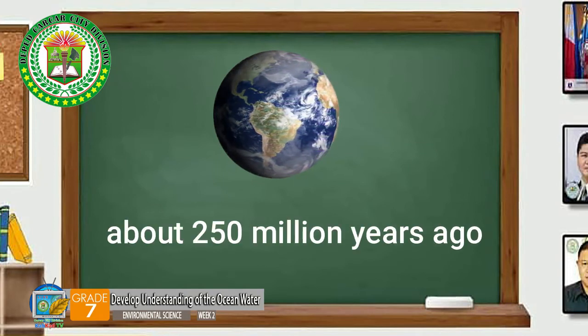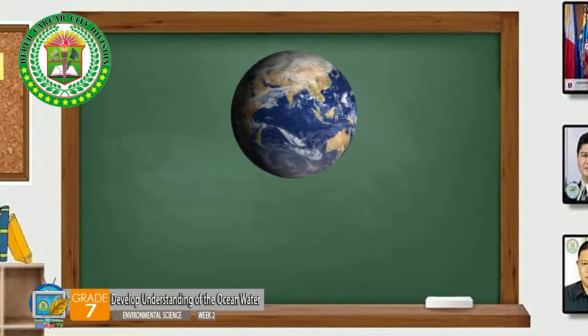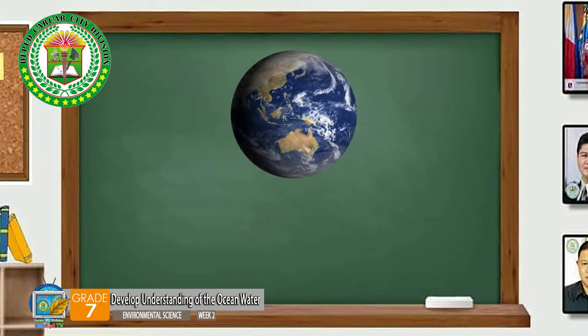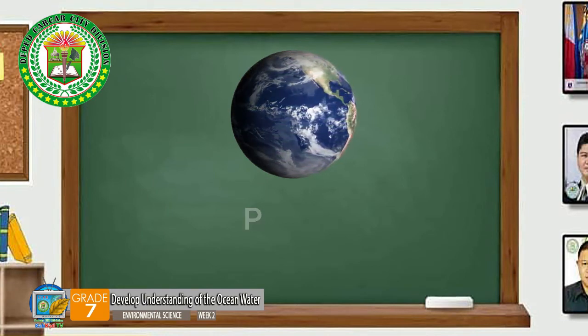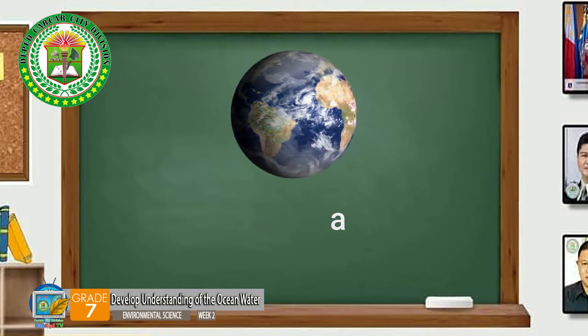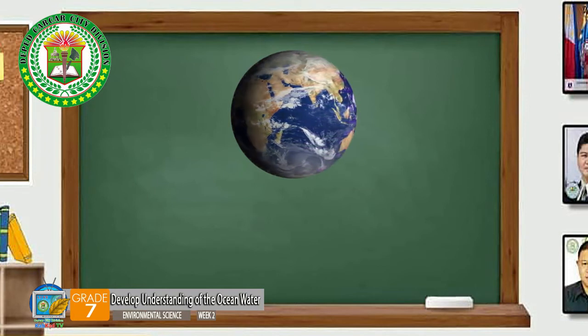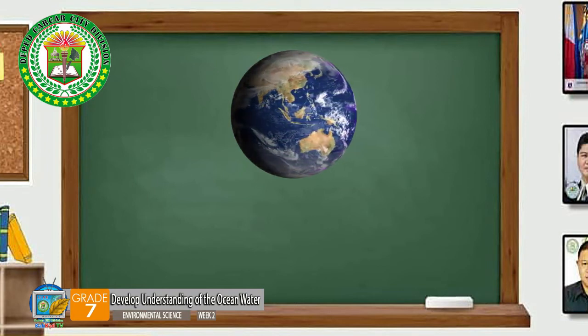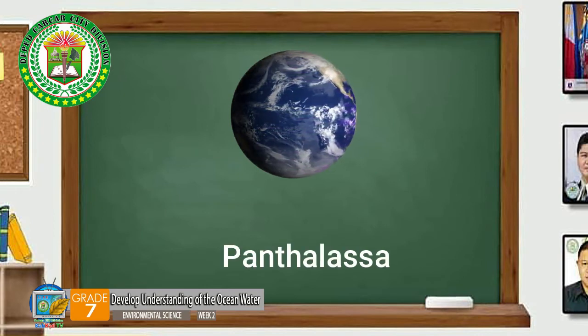About 250 million years ago, all of the continents were arranged in one huge mass of land called Pangaea. This meant that most of the Earth's water was collected in a huge ocean called Panthalassa.